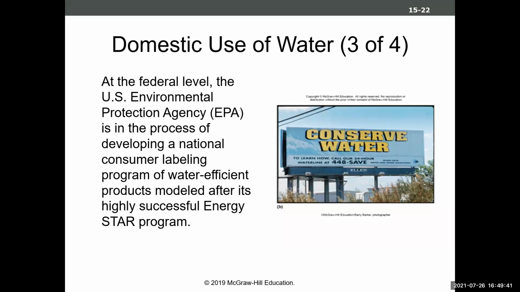At the federal level, the EPA, for example, is currently developing a national consumer labeling program of water efficient products. It's modeled after the energy efficient STAR program, a program dedicated towards conserving water.